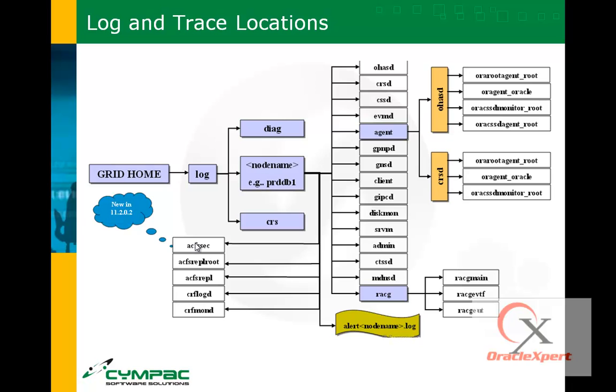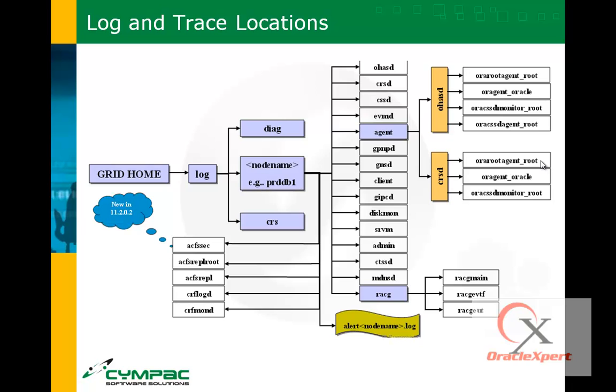So if I see that scan IPs are not attached, scan IP is also a cluster resource. CRSD is responsible. Since it's an elevated privilege activity, it will be done by the Oracle root agent. Then I should chase grid home, log, node name, agent, CRSD, Oracle root agent underscore root.